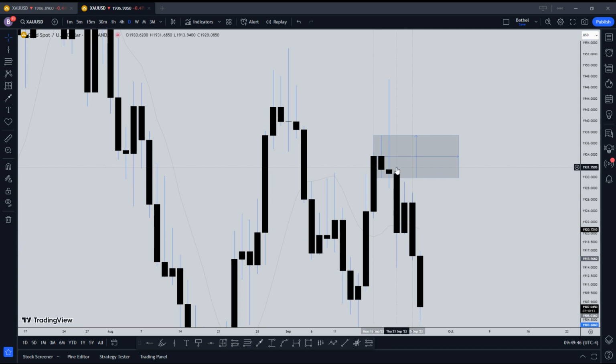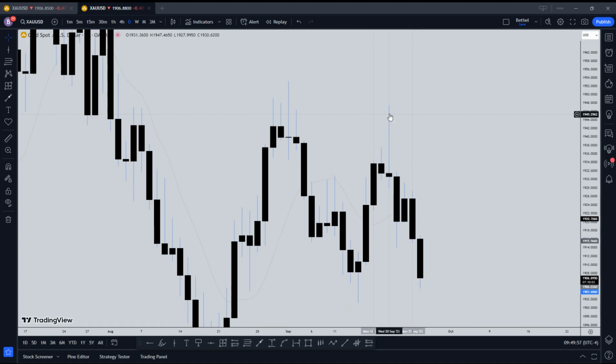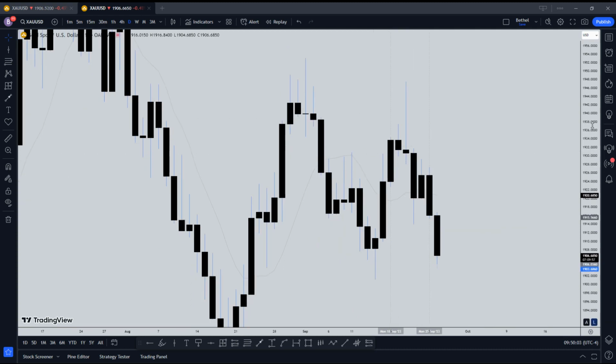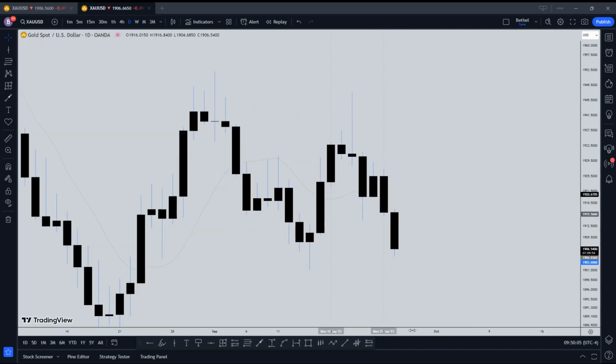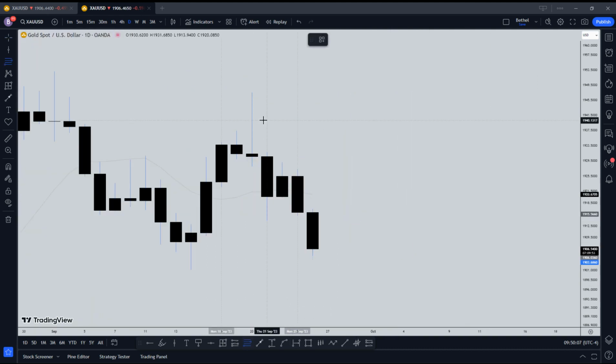So we had the retest on Thursday, melt, and then Friday had a bit of a relief rally. This price action here, this long tail here, confirmed that we are bearish. So this Thursday, this Friday.